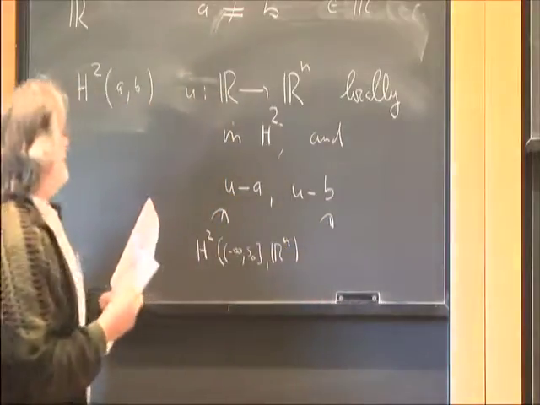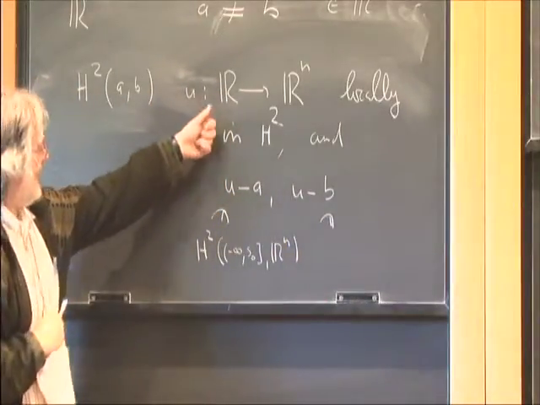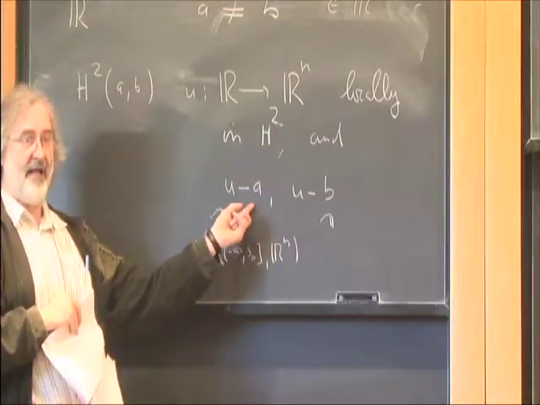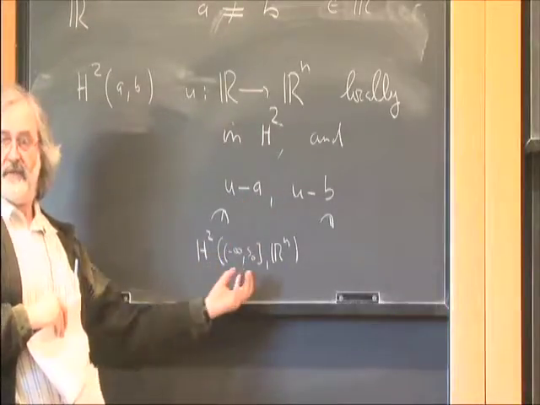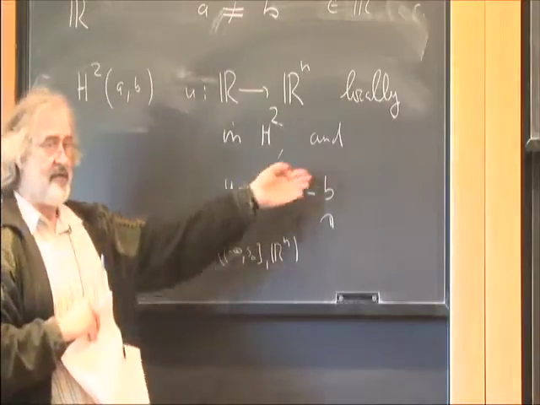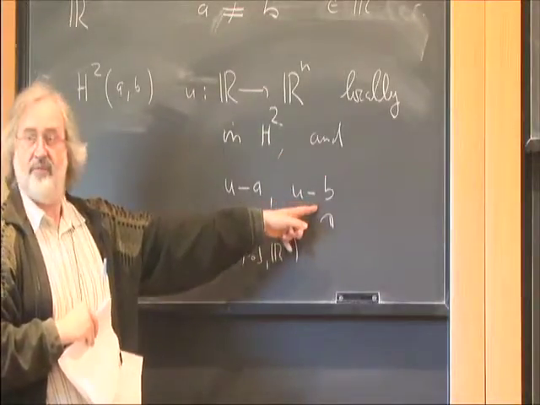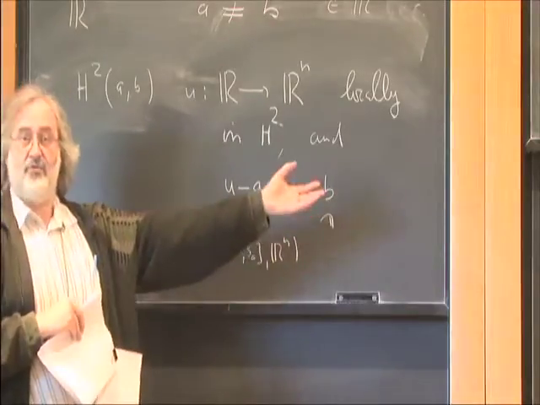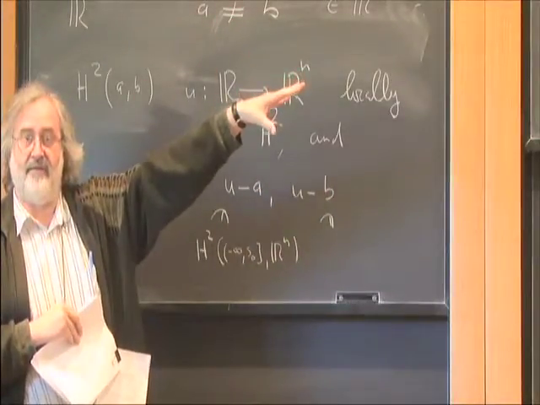So the map u approaches the point A in backward time, so that the difference between the constant function A and u lies in H2 on that tail end. And in the positive direction, you approach the point B, so that the difference between u and B lies in the Sobolev space H2 as well, on the other tail end.